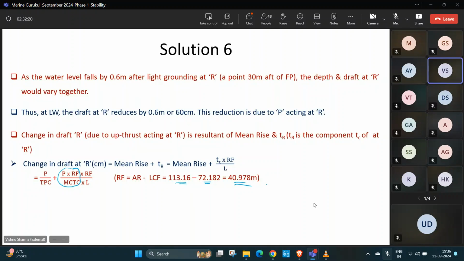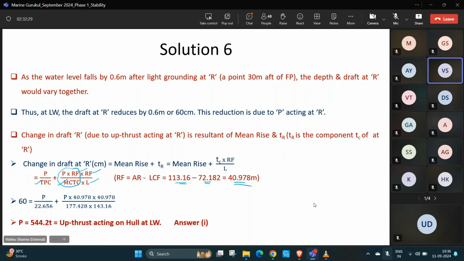Now we have TPC, we have MCTC, we have length, we have RF. We put all these values and we get the value of P as 544.2 tons. Is that correct, beta? Anybody has any doubts or questions, please let me know.